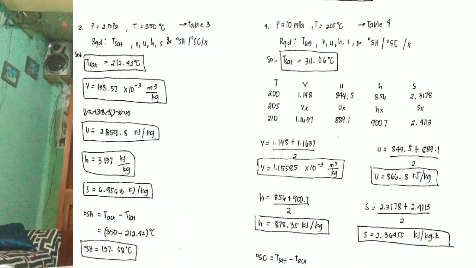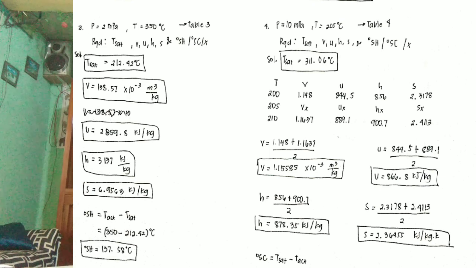Sorry for the interruption. Our H is 3,137.0 kilojoules per kilogram. And our S, the specific entropy, is 6.9563 kilojoules per kilogram-K.